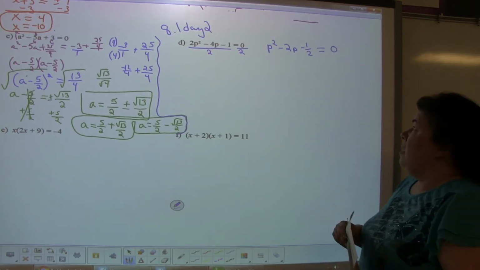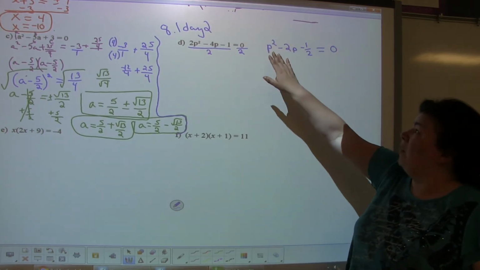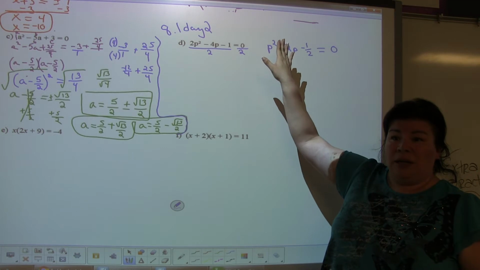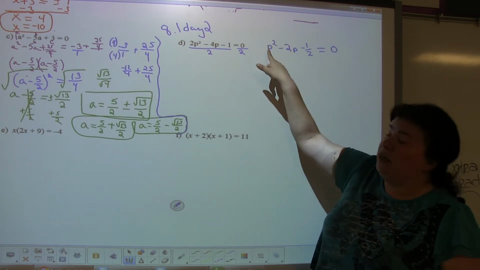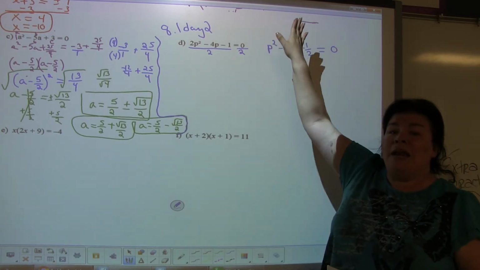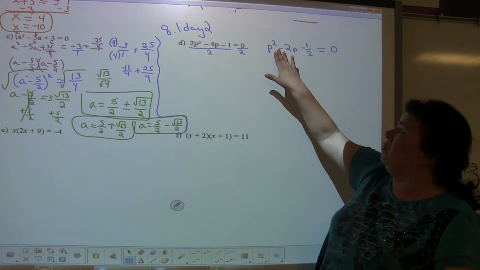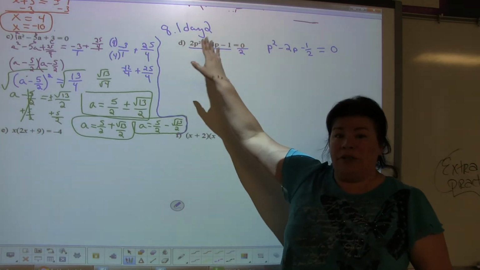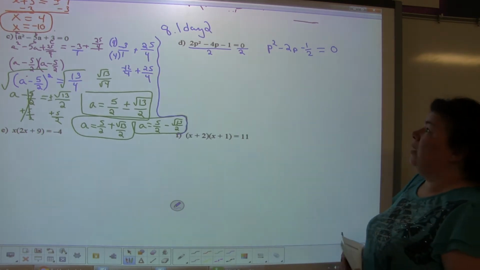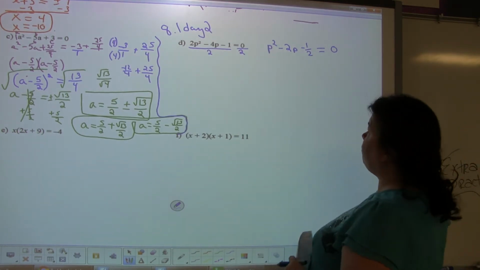Okay? Now, once we have our equation in standard form with a leading coefficient of 1, now we can begin to complete the square. So you have to make sure that this is in standard form first before you complete the square with our coefficient of 1.